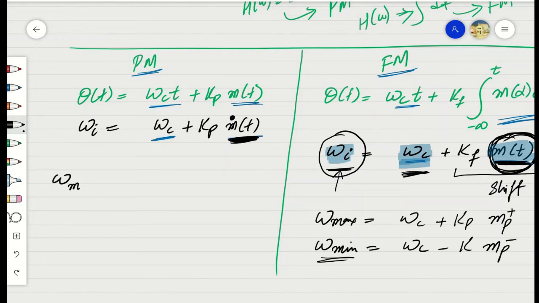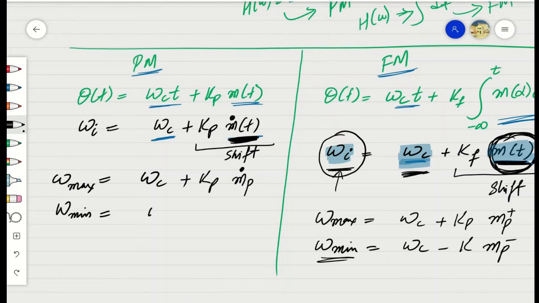That is, omega max is equal to omega c plus the shift in frequencies, where the peak of this shift in frequencies can be represented as the peak of the derivative of the information signal. Similarly, the minimum frequency generated for the case of phase modulation will be the central frequency omega c minus the peak amplitude of the derivative of the information signal.